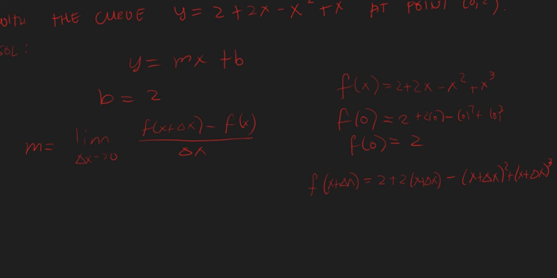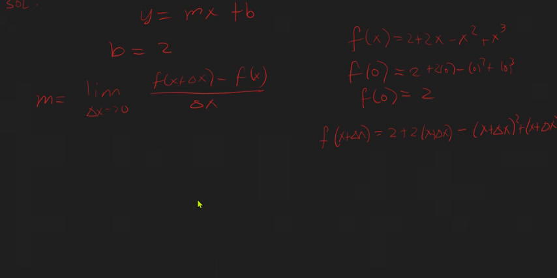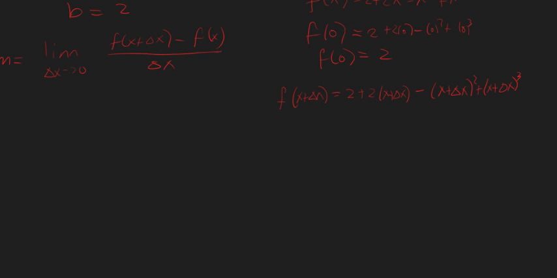Then we can simplify this one by expanding x plus delta x squared and cubed. So first we determine f of x plus delta x. For us to expand it easier, because we know that x is 0, we can just make it 0 plus delta x.